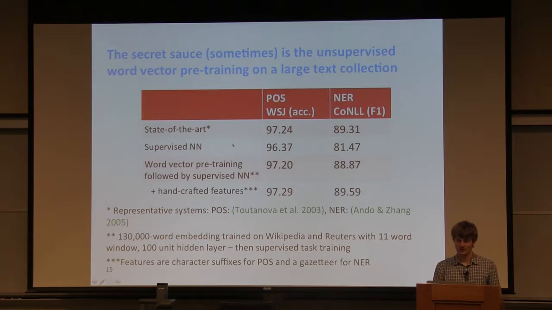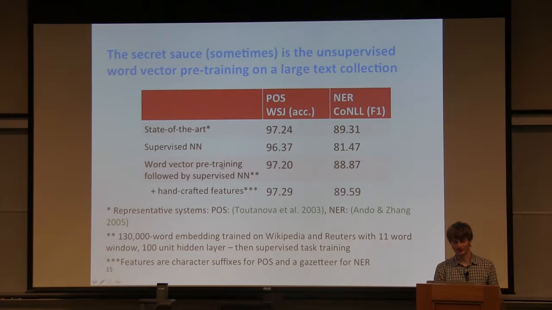So if you just took a standard supervised neural network and trained it, it got close but didn't beat human performance and human-engineered features from over 2 decades in the case of part-of-speech tagging. And I think about half a decade or 8 years or so in the case of NER.